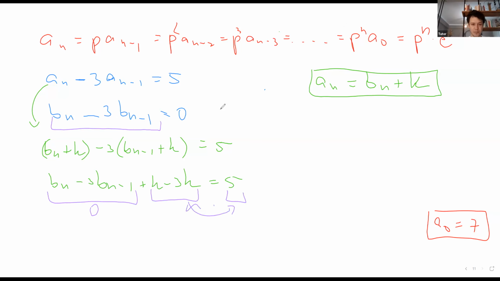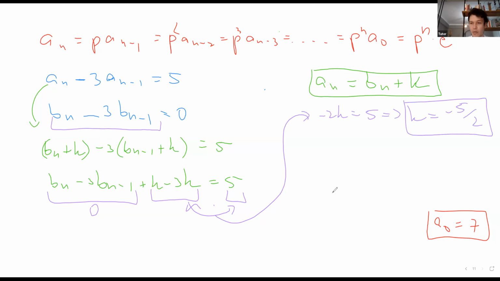Does this make sense? So what is going on if these two are equal? From this equation, what would k be? I'd get minus 2k is equal to 5. So k has to be equal to minus 5 divided by 2.